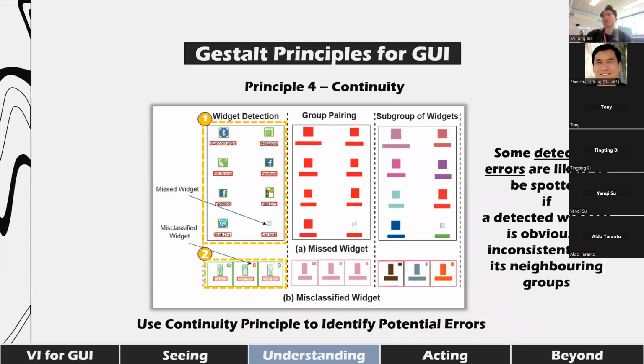And finally, the continuity principle: we actually use this principle to correct some errors of the detection. For example, here we have two parts of different GUIs. For the first one, we are supposed to have 8 non-text elements and 8 text elements in this GUI, right?